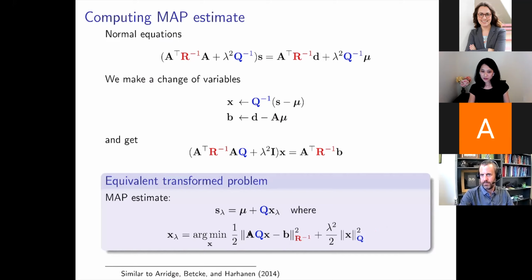The other big difference is that in the norm, I have the Q norm. I do not have the Q inverse norm because I cannot work with the inverse, but I can work with Q. Now I'm going to tell you about a hybrid method that we developed in order to efficiently solve this optimization problem.